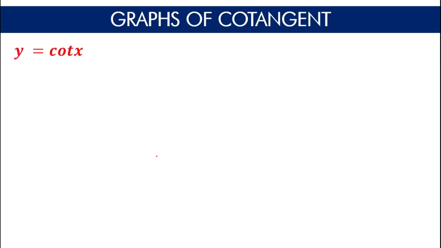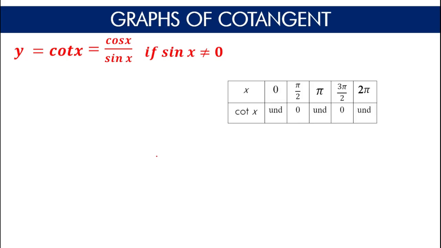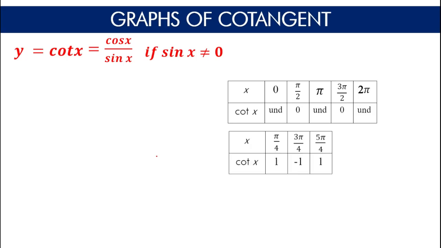For cotangent, again, we're going to express it in terms of sine and cosine, so we'll have cosine x over sine x. And then we'll limit that x should not be equal to 0. Same procedure: just use 0, pi over 2, pi, 3 pi over 2, 2 pi, and the values between to identify the points to plot the cotangent function.